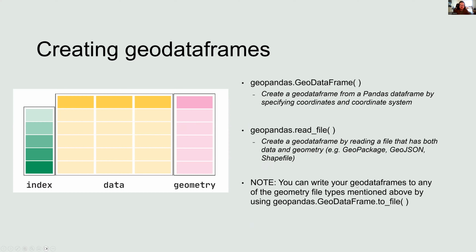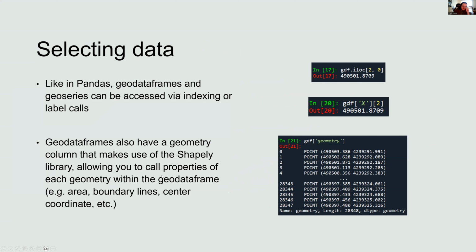Furthermore, once you have your geodata frame, you can write it and export it as any one of these files, a geopackage, a shape file, etc. If you want to easily throw it into QGIS or ArcGIS rather, or something of that sort, so that you can work with it later.